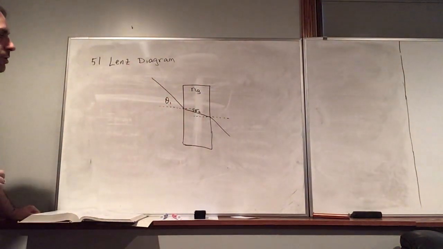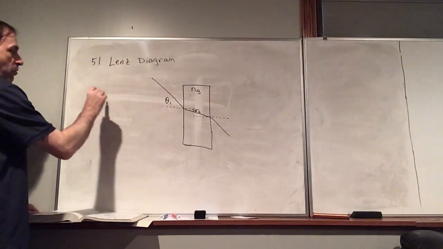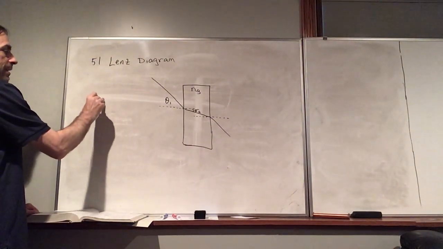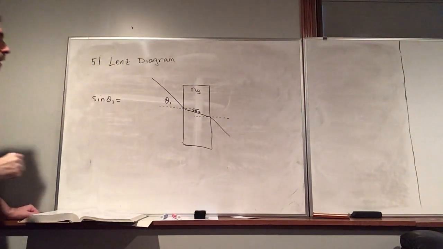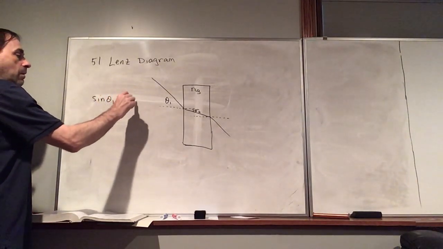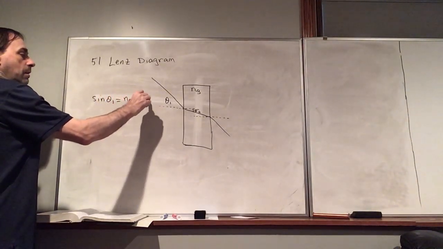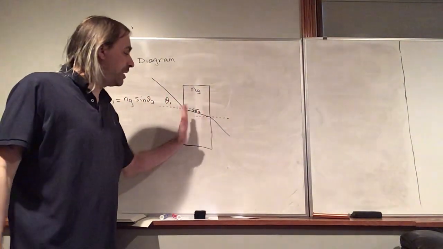Applying Snell's law, we have n1, which is just 1, times sine of theta 1, and that would equal n_g times sine theta 2. Now again, this is a window.